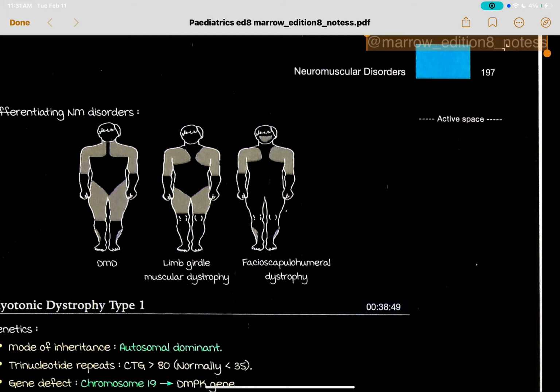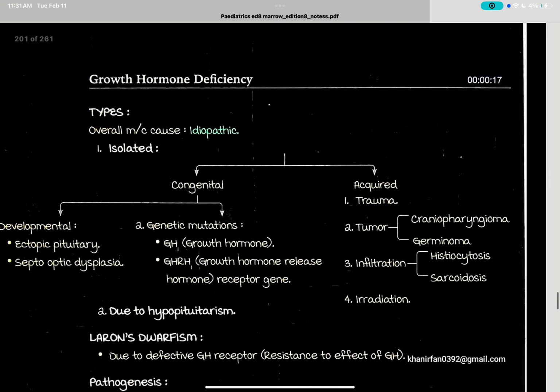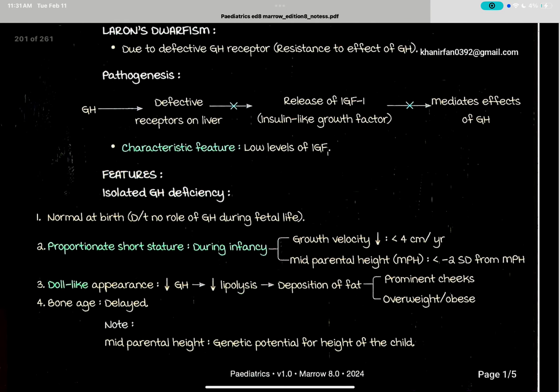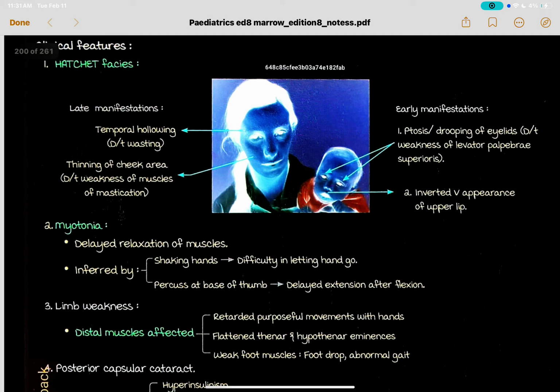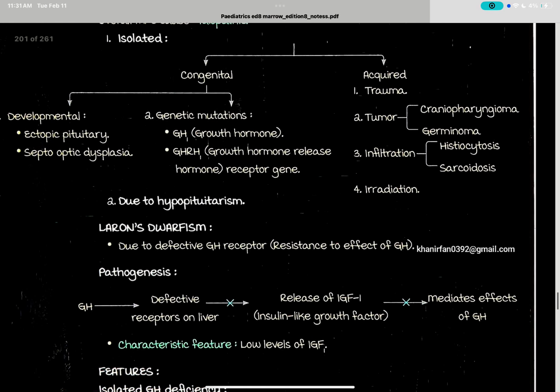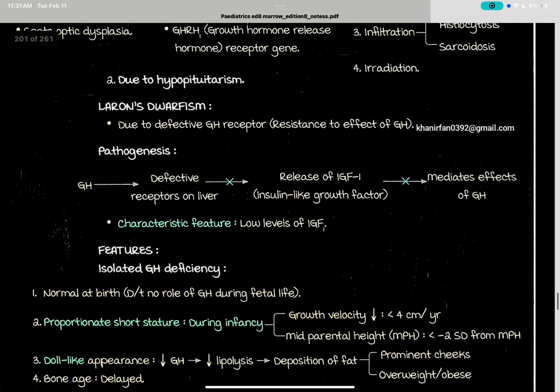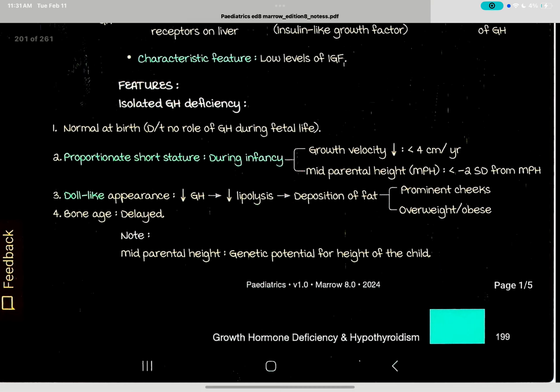Height is minus 2 SD from mid parental height.